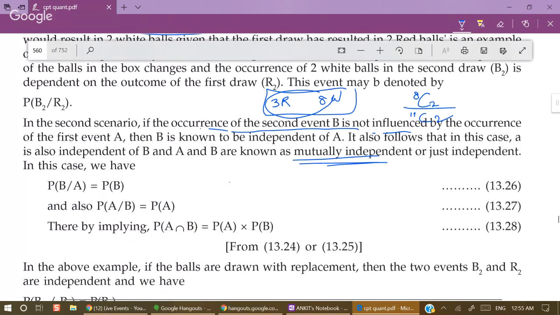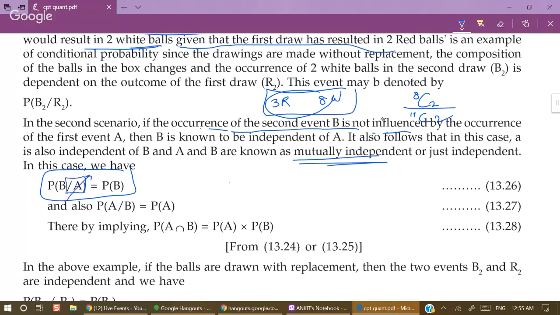So in case of independent events, the formula becomes much easier. Given A is just kicked out because these are independent. So in case of independent events, P(B given A) is equal to P(B), and hence we get a formula.